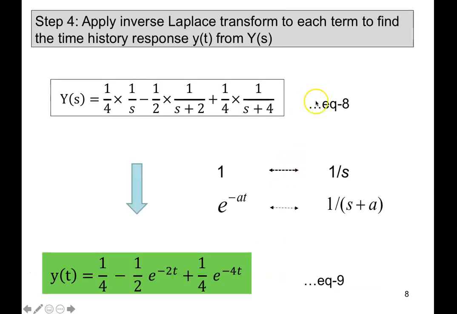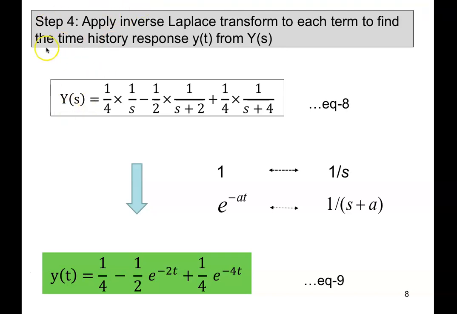I copy that to the next slide. That's my step number 3. Now, step number 4 is to apply inverse Laplace transform. Now I have done the partial fractions. I broke them into small fractions. Therefore, I'm ready to apply the inverse Laplace transform because I have 3 terms, either added or subtracted.